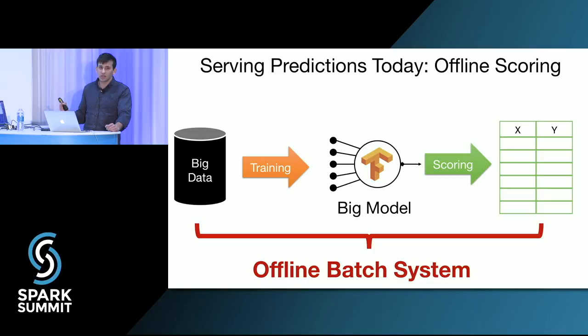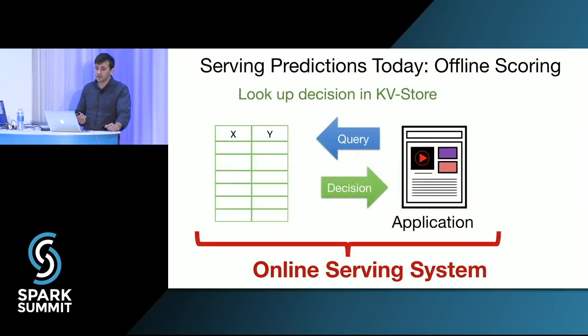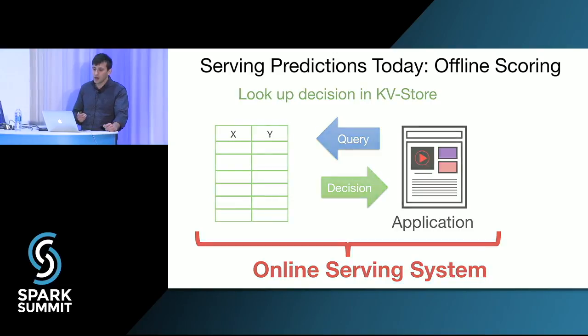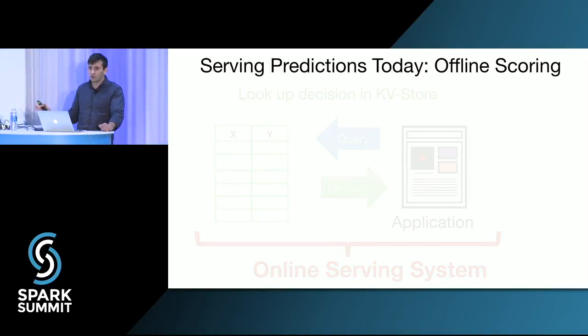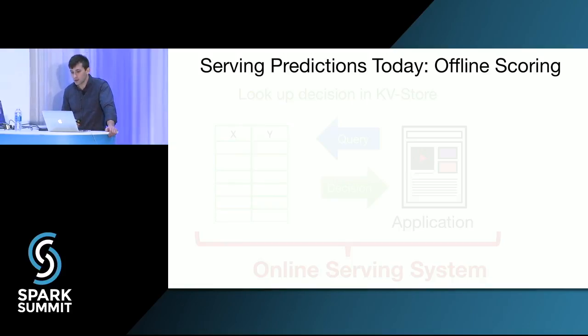Maybe you generate your movie recommendations offline once you've trained your Spark model. And then when you want to serve these things, your query comes in and you just look up that pre-rendered decision, that pre-materialized prediction in some key-value store and render the decision. And we can easily do that in 20 milliseconds. You can do that in less than a millisecond.